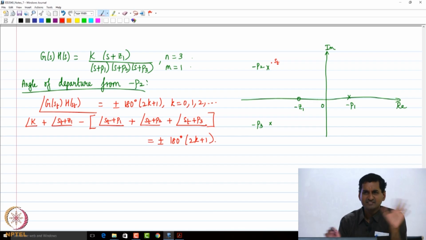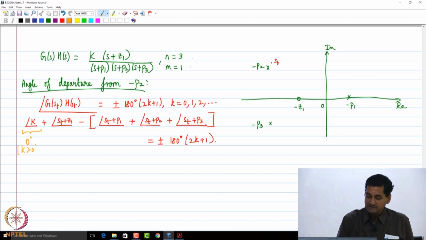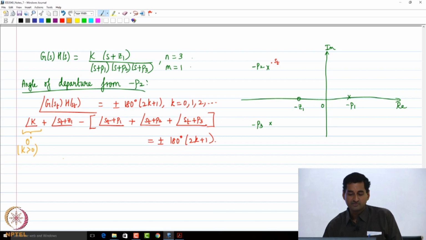Do you agree? This is something which we have already done; I am not doing anything new here. The angle of K is already 0, because we are considering K to be positive.